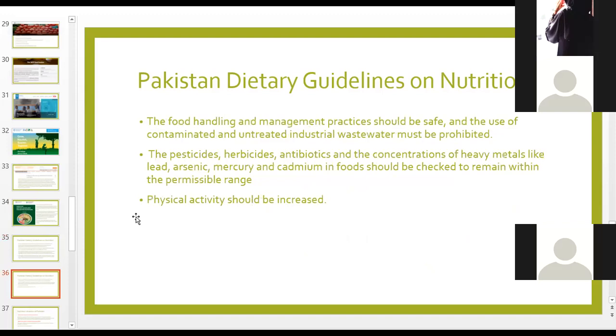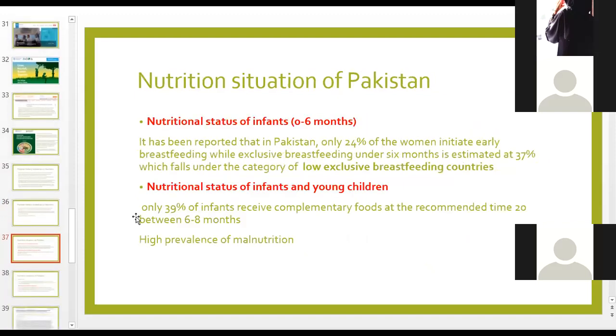Food handling and management practices should also be safe. Pesticides, herbicides, antibiotics, and concentration of heavy metals should be checked to remain within the permissible range, and physical activity should be increased.